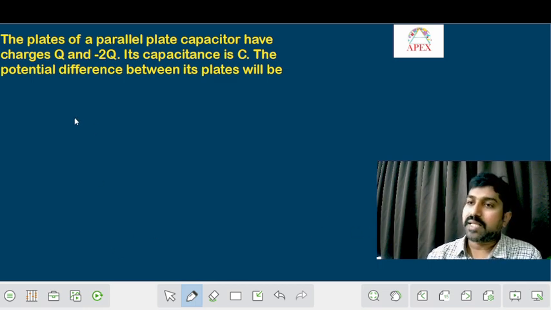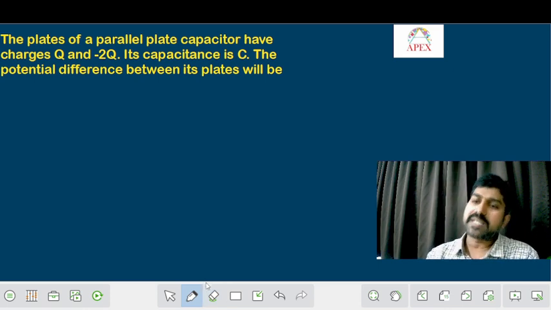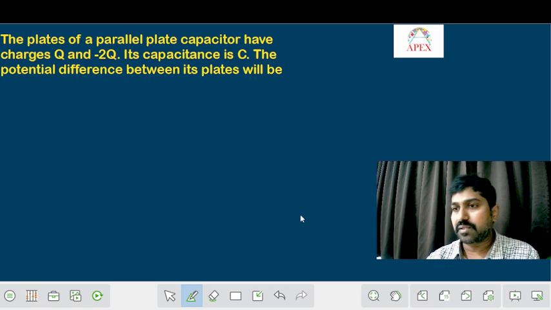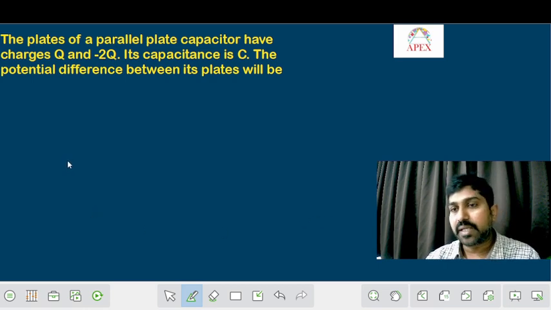The plates of a parallel plate capacitor have charges Q and minus 2Q. Its capacitance is C. The potential difference between its plates will be. In general, in any capacitor, how will the charges be? In any particular capacitor, the charges are always equal and opposite.